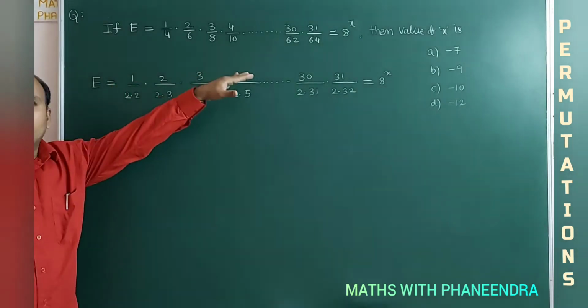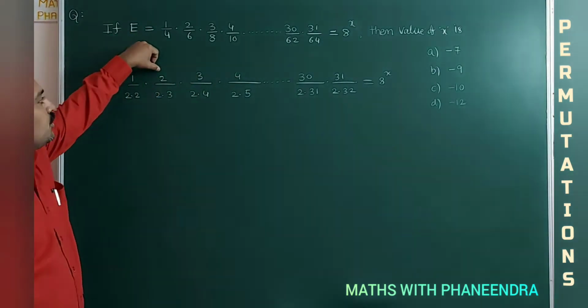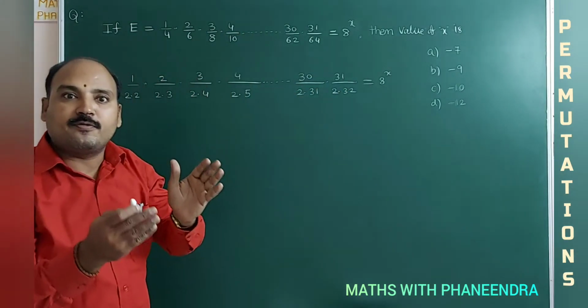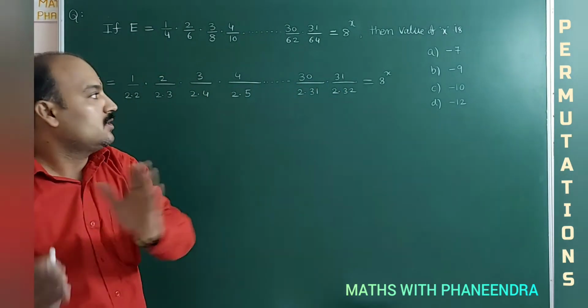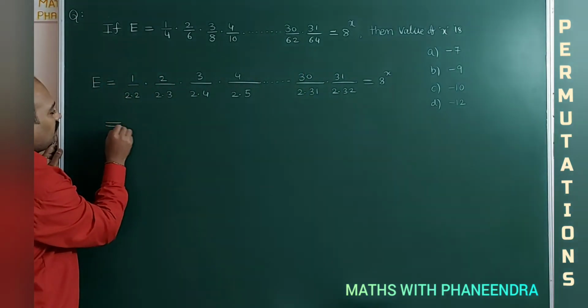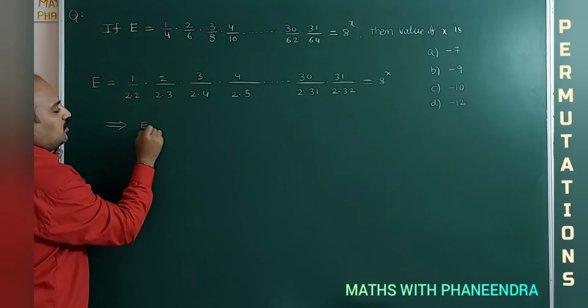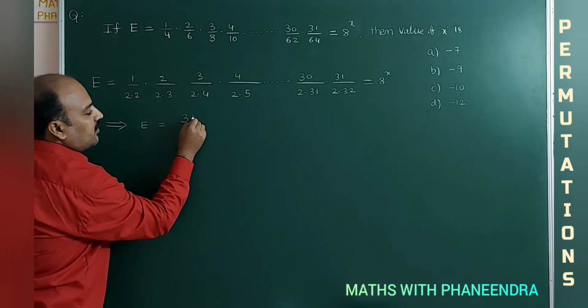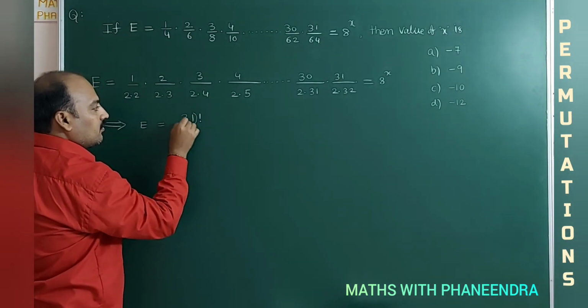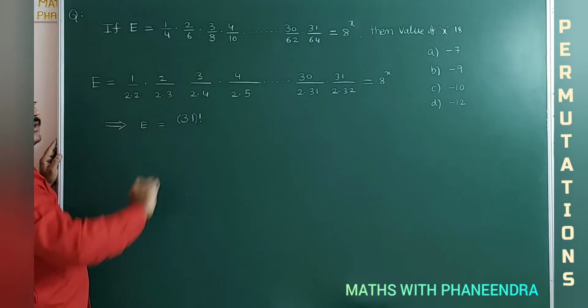Observe the numerator: 1 × 2 × 3 × 4 and so on up to 31. The product of the first 31 terms is 31 factorial. E is equal to 31 factorial over the denominator.